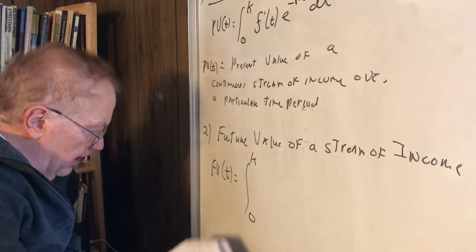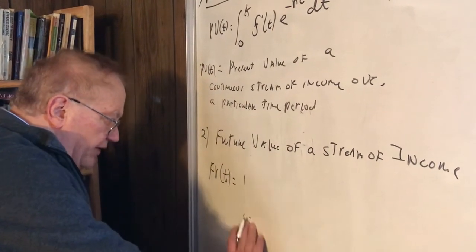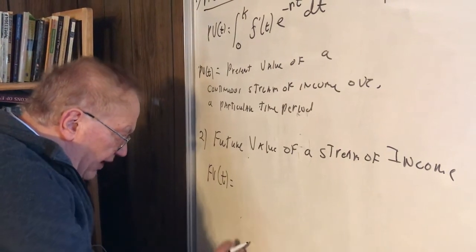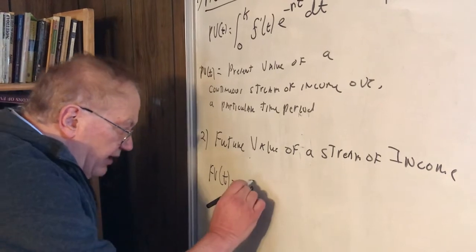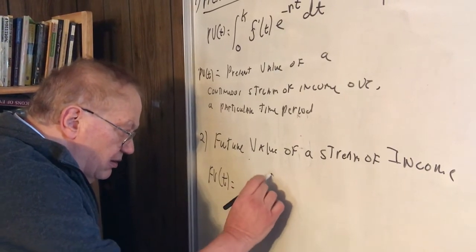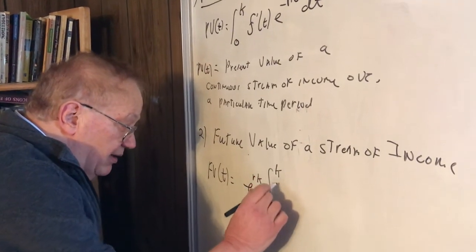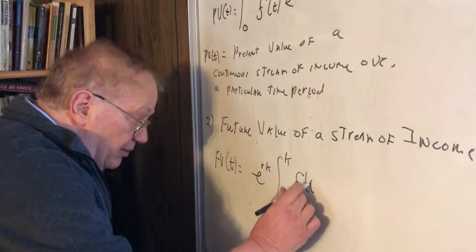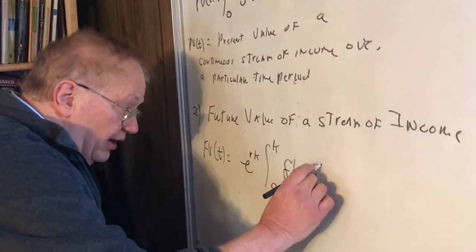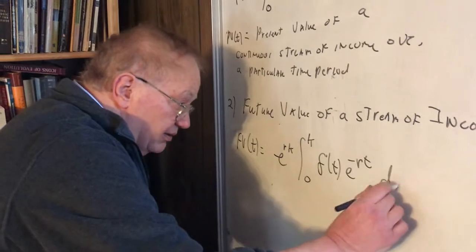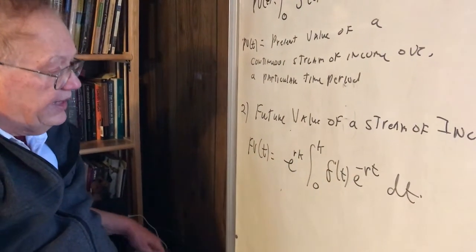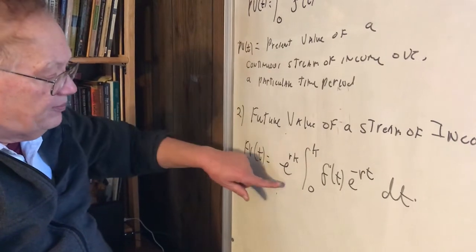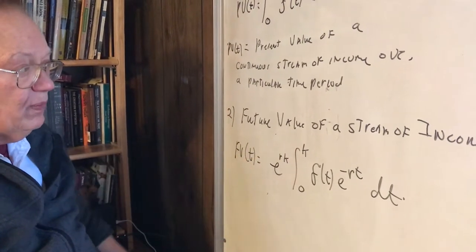And it's, I'm sorry, there was something before that. I forgot this one has a constant before it, e raised to the rk, times the integral from 0 to k of f prime t, e to the minus rt, dt. So notice it's very similar to this, except we have a little appendage out here.